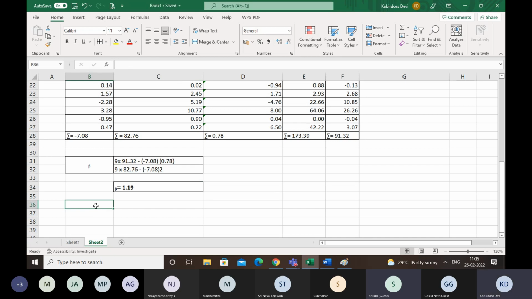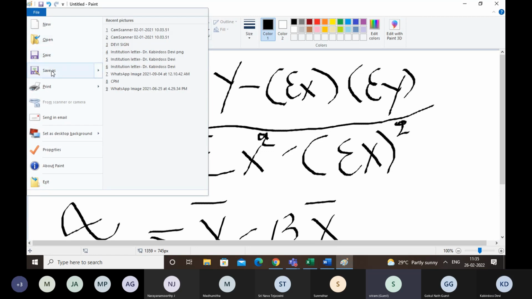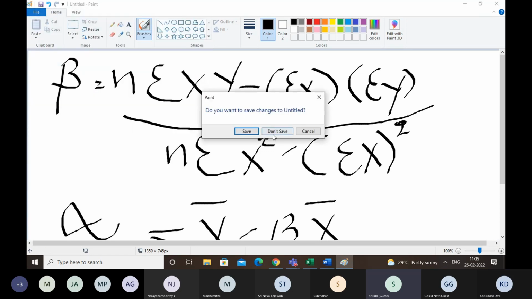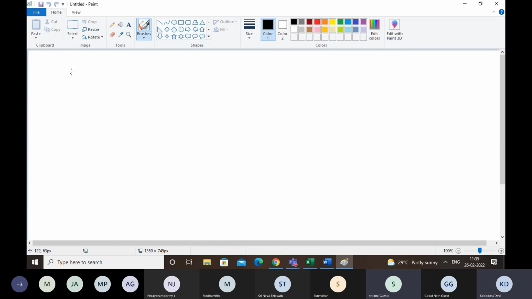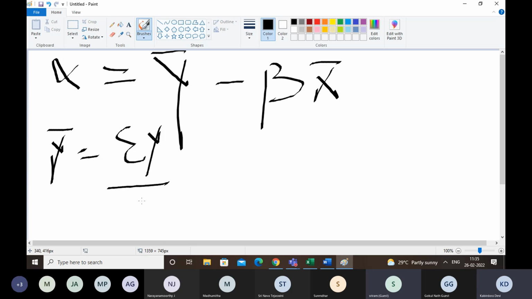Okay, now we are going to find y bar. Y bar is easy. Now I have to find alpha. Alpha is equal to y bar minus beta into x bar. So how do we find y bar? Y bar is equal to summation of y divided by n.